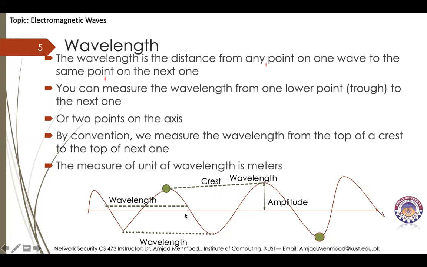We call it a wavelength, or between 2 points on the axis. You can see these are the 2 points on the axis. We call this a wavelength as well. By convention, we mean the wavelength from the top of a crest to the top of the next one. So from this crest to this crest, we could call this a wavelength as well. The unit of wavelength is meter.